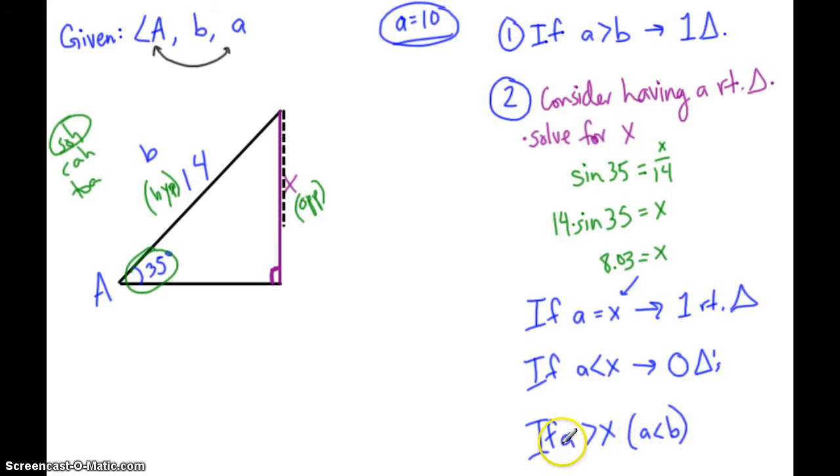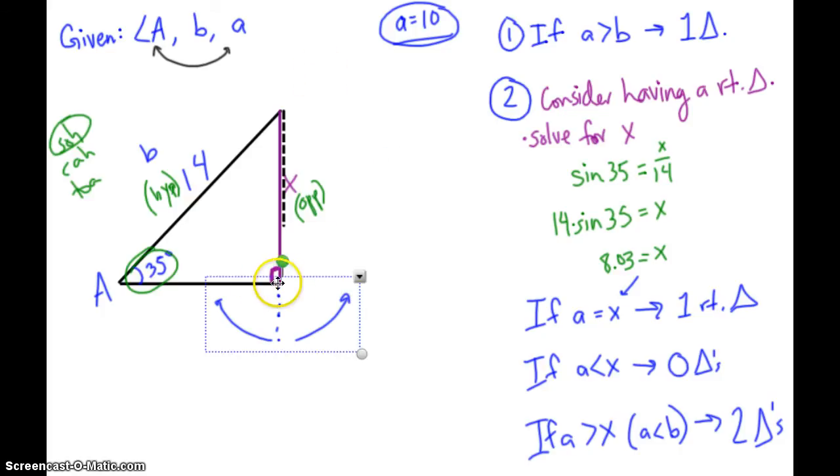I meant less. If it's greater than X but less than B, then I would have 2 triangles, because it would be too long to make a right triangle, and I could swing it one way or the other to make 2 triangles here. Okay.